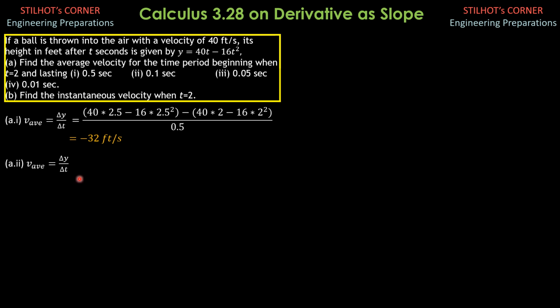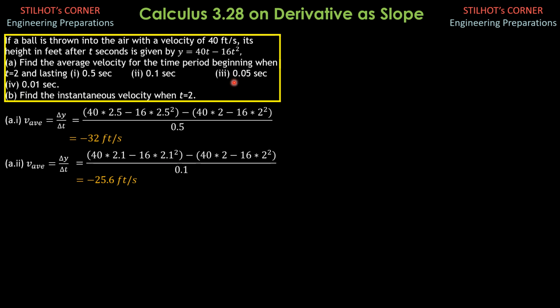For part 2, the average velocity, delta y over delta t, is equal to quantity 40 times 2.1 minus 16 times 2.1 squared, then minus quantity 40 times 2 minus 16 times 2 squared, all over 0.1. So the average velocity is negative 25.6 feet per second.